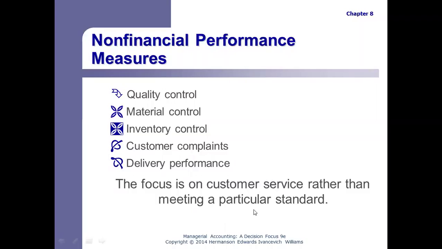A good example is if we're making a product and the price of the materials goes up unexpectedly, we don't want to necessarily reduce the quality of the materials we're getting just so that we can meet the standard of how much we're paying per pound or per unit of material. That's great for meeting your standards, but then it results in poor quality because you're buying lower quality materials. So that's no good. So you have to consider that as well.